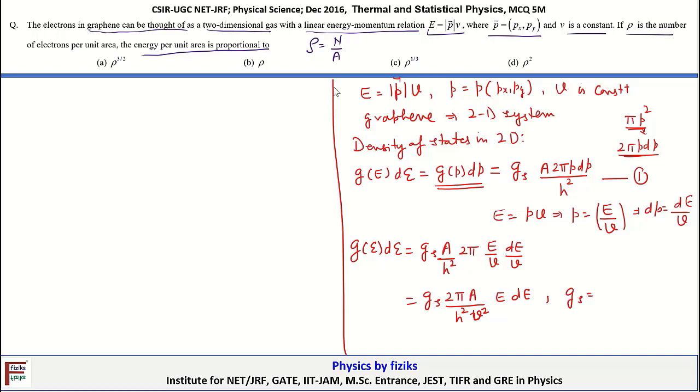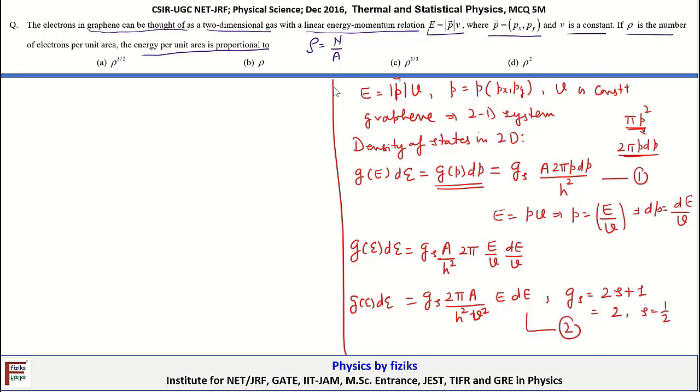It's a spin degeneracy factor. Basically it's equal to 2S plus 1, because for spin half particle this will come out to be equal to 2 when we take S equal to 1 by 2. Okay, so now this is the required expression for the density of states over the energy interval E to E plus dE. So let me call this equation 2.